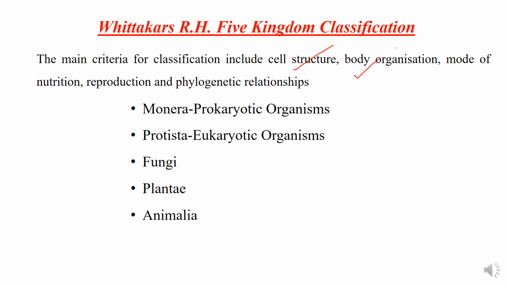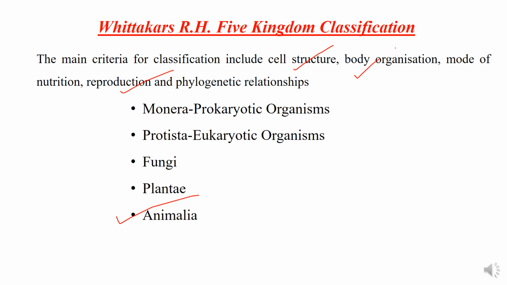So what are those 5 kingdoms? First one is Monera. Monera specifically included the prokaryotic organisms, that is the bacteria, and the second one is Protista, which includes eukaryotic organisms, and the third one is fungi, the fourth one Plantae, and the fifth one Animalia. In Plantae and Animalia we have very clear-cut identification, that is, Plantae means all the plant species are included in Plantae, and in Animalia all the animals are placed under Animalia.